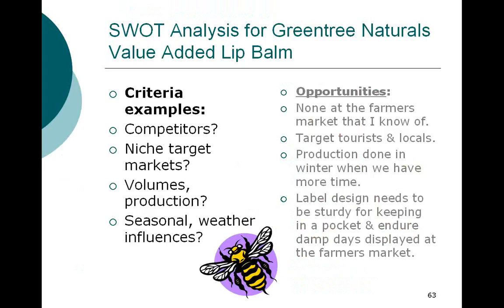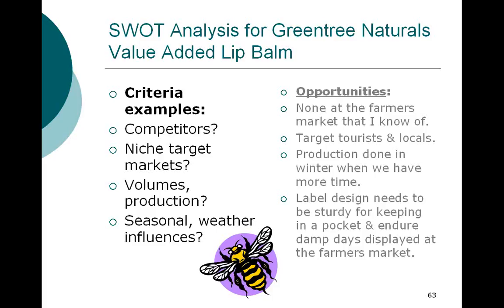But this has really helped me determine what the opportunities are. Looking at the competitors, we have probably 80 farmers at our market, and there's only one that's doing a type of lotion, and no one's doing a lip balm. And the tourists and locals really like to pick up something that says made in Sandpoint and locally made.